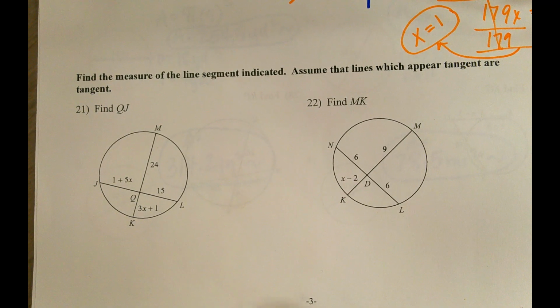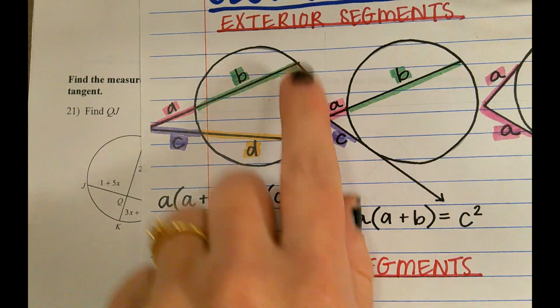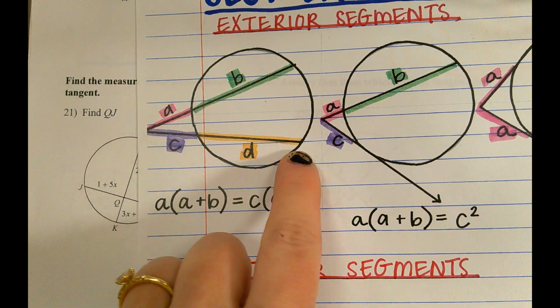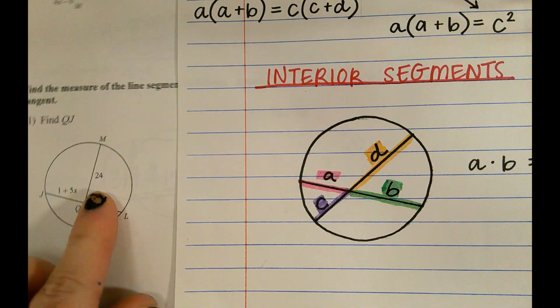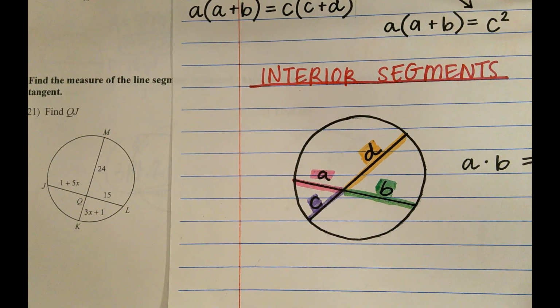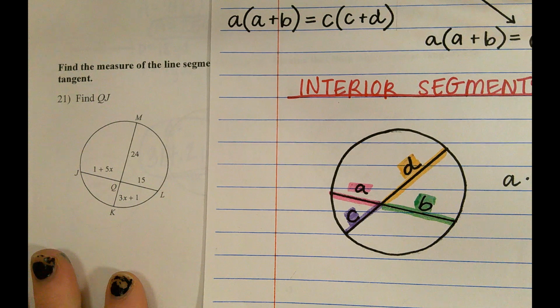We'll look at number 21. Before we can solve for anything, we need to think about whether this is showing exterior segments where we have parts coming out of the circle, or if all of our line segments are inside and they are interior segments. Number 21, these are all inside.